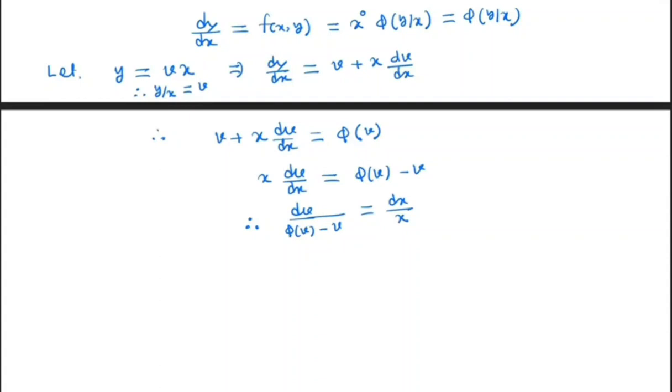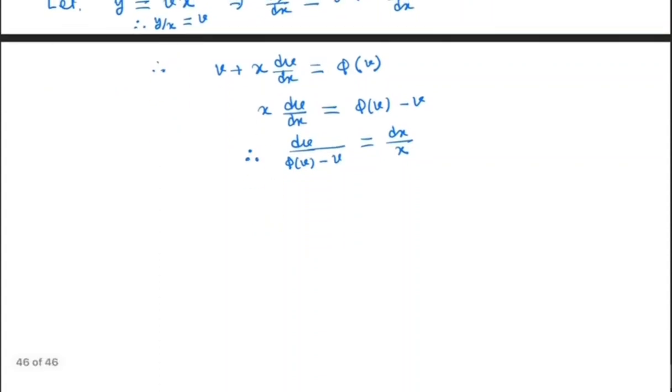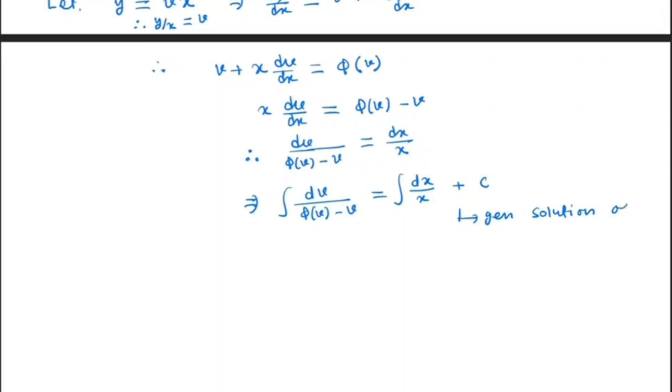So it's a separable ODE, and we know how to solve it. By integrating both sides, we get the integral equals ln x plus c. So this is the general solution of a homogeneous ODE.